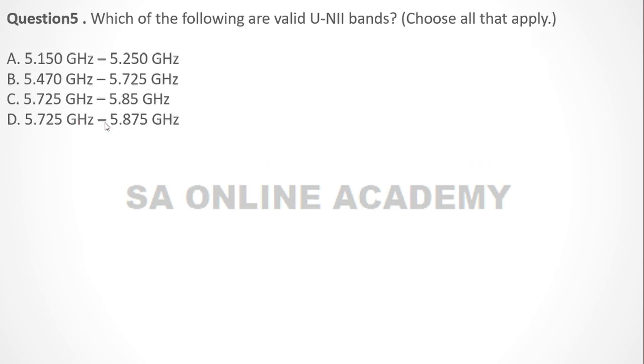Question 5: which of the following are valid UNII bands? UNII-1, UNII-2, and UNII-3, or extended maybe. The options are 5.15 GHz to 5.25 GHz, 5.470 GHz to 5.725 GHz, 5.725 GHz to 5.85 GHz, 5.725 GHz to 5.875 GHz.